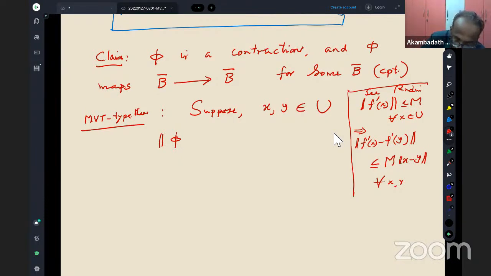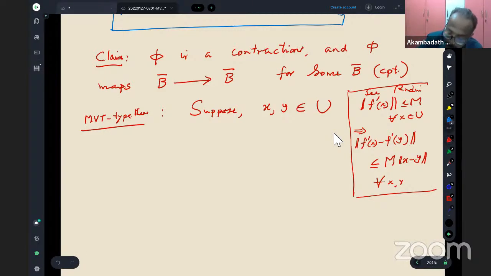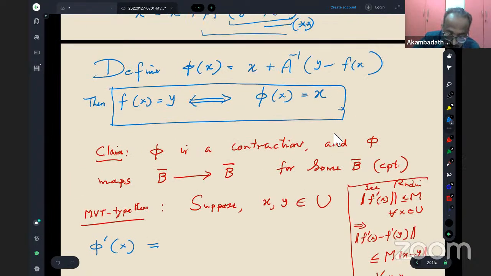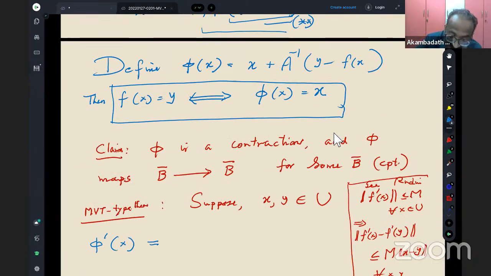So for that I want to compute my phi prime of x. You have to get familiarized with that slowly. Your phi of x is x, the identity map.